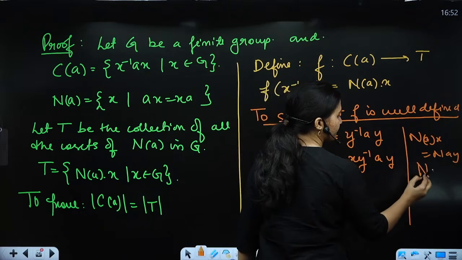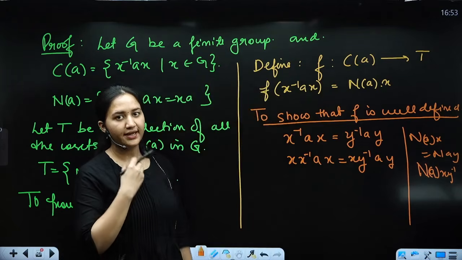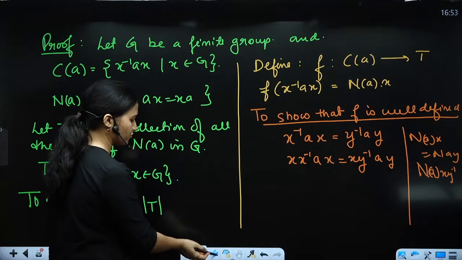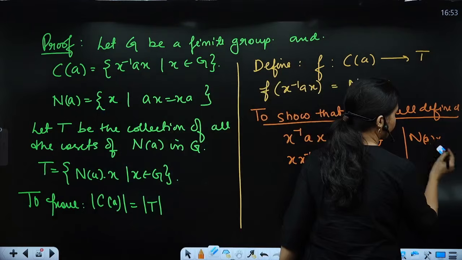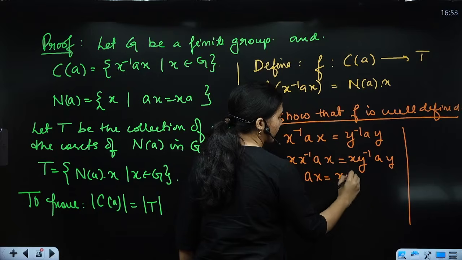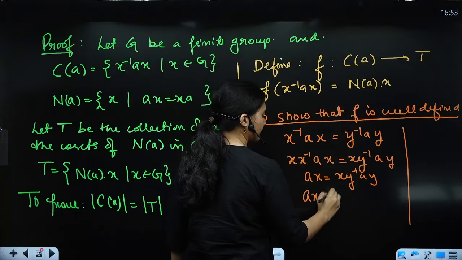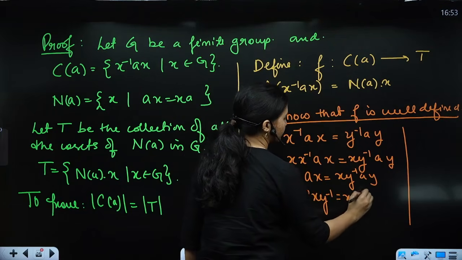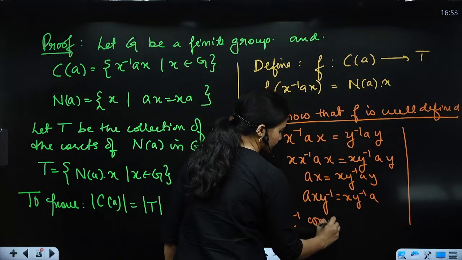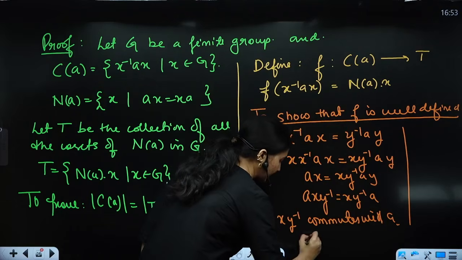This you can show by NA x y inverse, right? But in order to show that, I need to show that x y inverse is an element of NA, right? Either way you can do it, no problem. Now a x equals x y inverse a y, right? Can I remove y from here? So this gives me a x y inverse equals x y inverse a. So this implies that x y inverse commutes with a. So an element which is commuting with a belongs to NA.